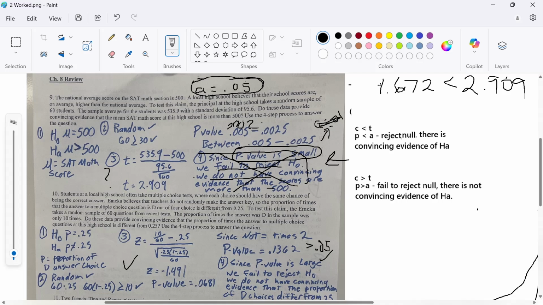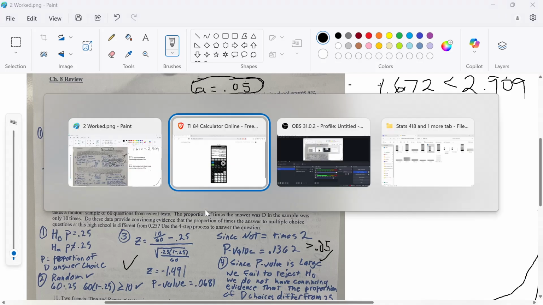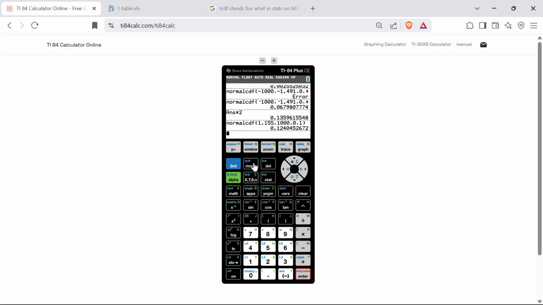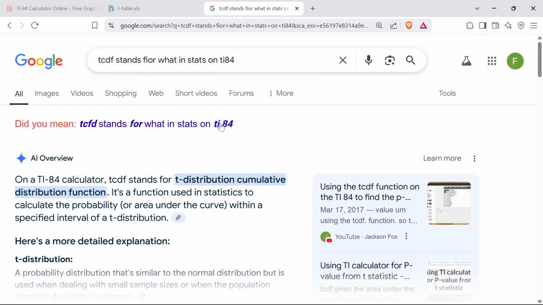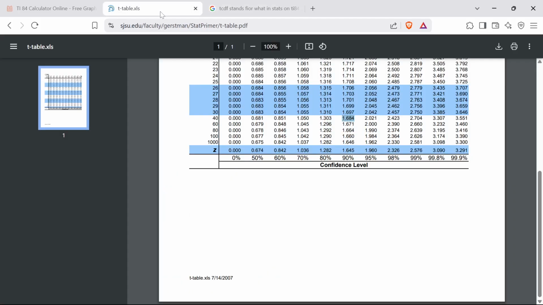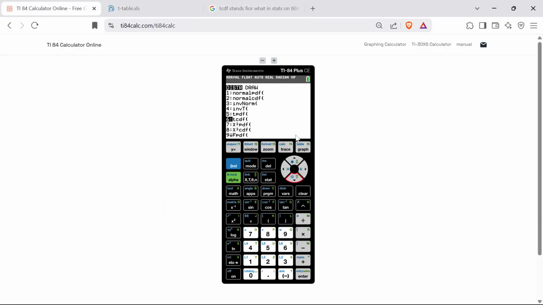But anyway, this one doesn't specify the significance level. I'm using 0.05. I have my t-score of 2.909. So now I'm going to go to my TI-84 calculator, press 2nd, Vars, and go down to tcdf. I always forget what CDF stands for: cumulative distribution function. So this is the t cumulative distribution function.